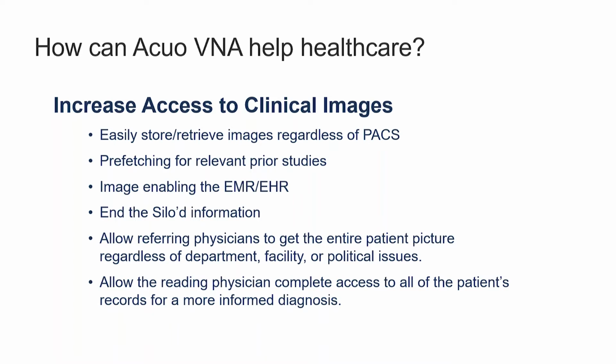And it also allows the reading physician complete access to all the patient's records for a more informed diagnosis. So again, all the docs that need access will have access, and all the secondary people that need access will also have access.